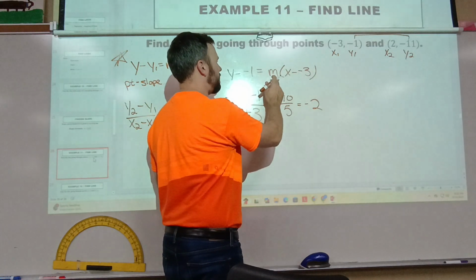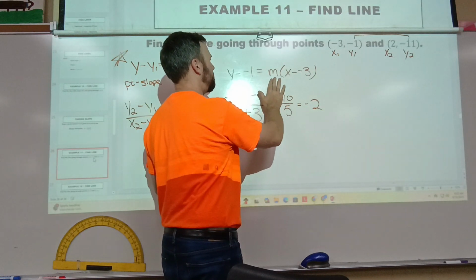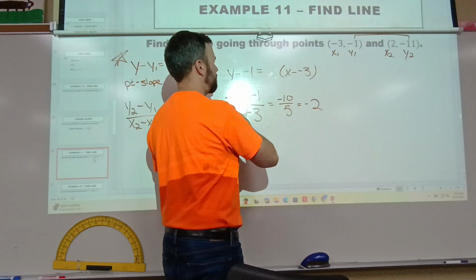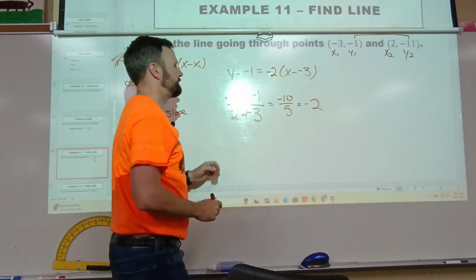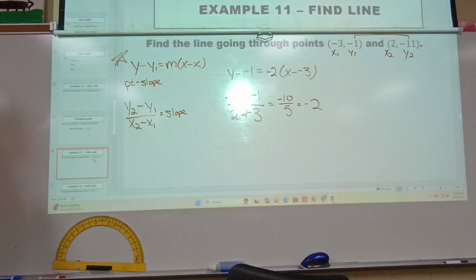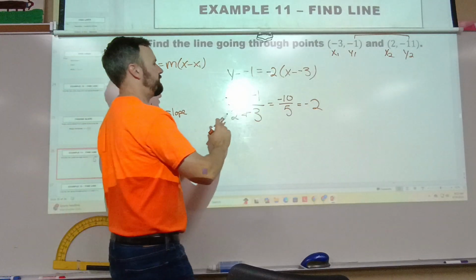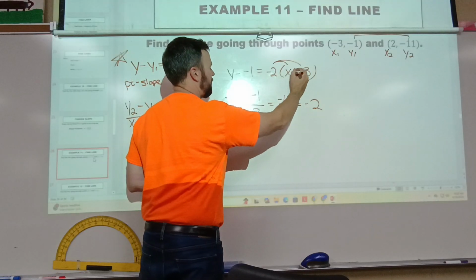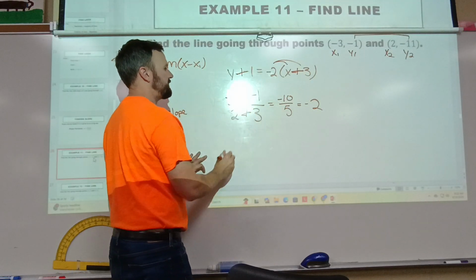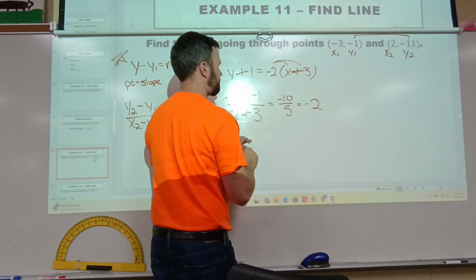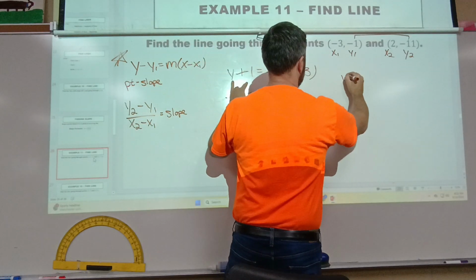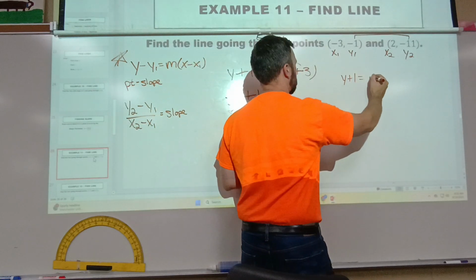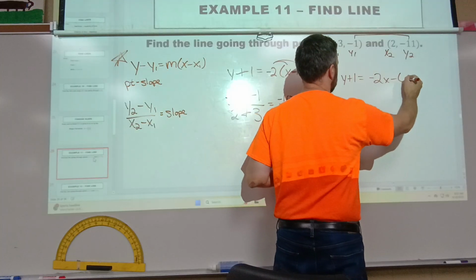Now, do I have everything I need to do this? Oh, you're going to be mad if you wrote this part up. So I can plug in my negative 2 up here, right? Now I have to solve it. So that becomes a positive. That becomes a positive. y plus 1 equals negative 2x minus 6.